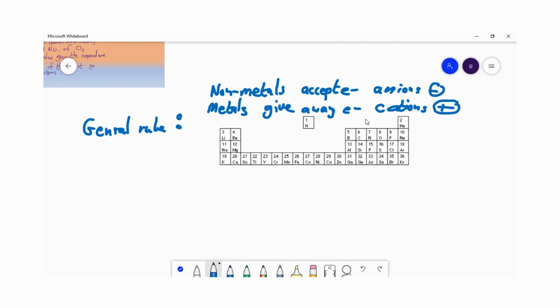Okay, and as I said, during reactivity the elements generally want to fill their orbitals and form an octet, and this is a very stable or ground state.